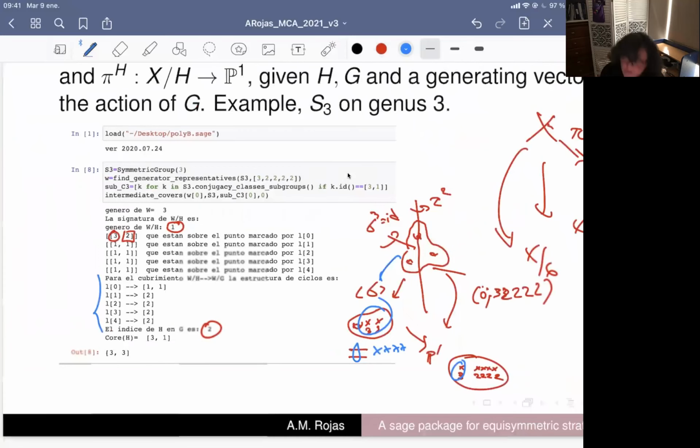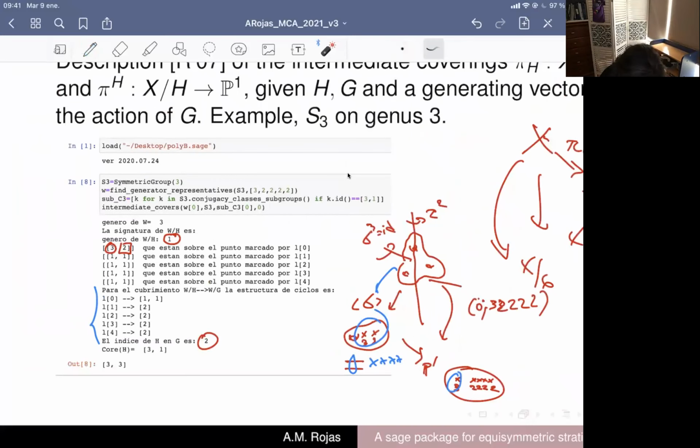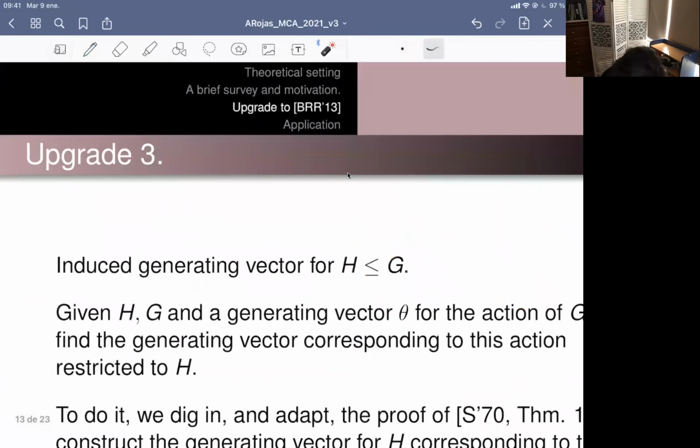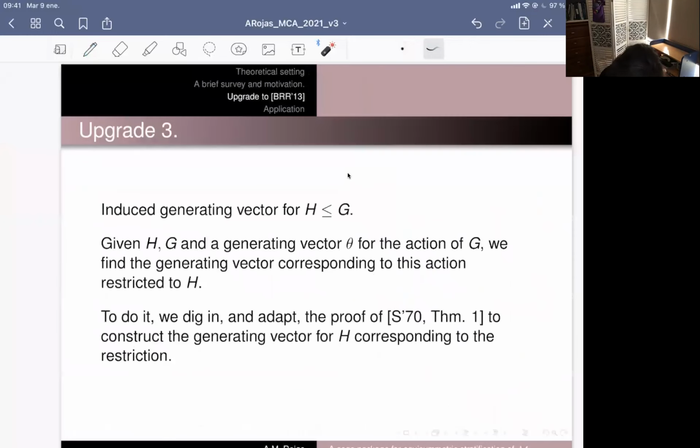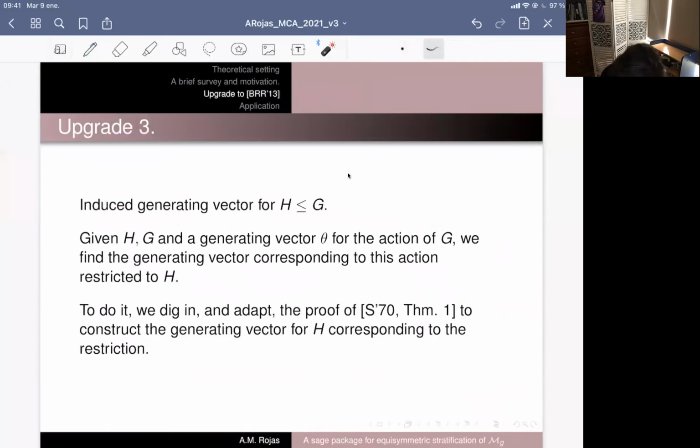And finally, the last upgrade is the thing that I said before, to study these nesting relations between the strata.